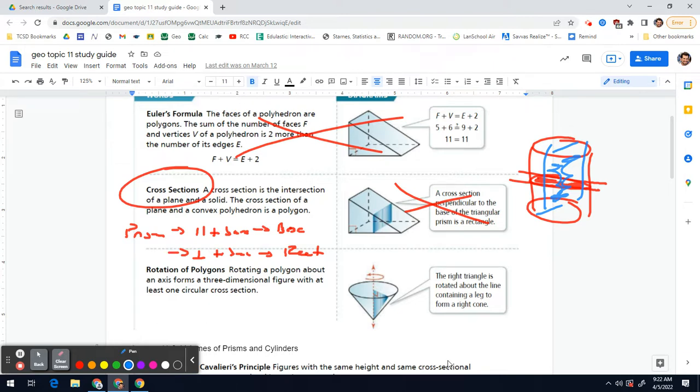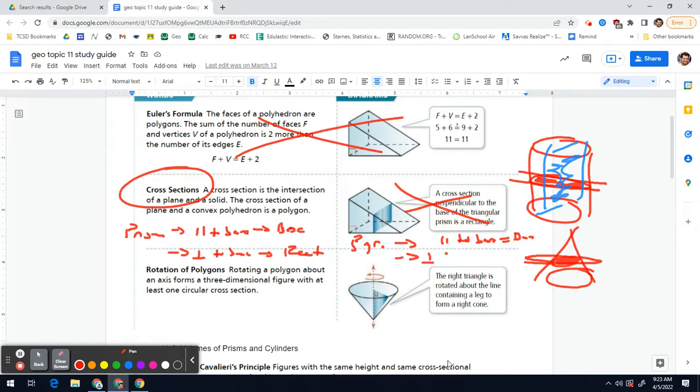Now the other shape is pyramids. For a pyramid, you have one base. Say we have a cone. If we are parallel to the base, then we'll equal the shape of the base. So if my plane cuts it that way, you're going to get a circle, equal to the base.